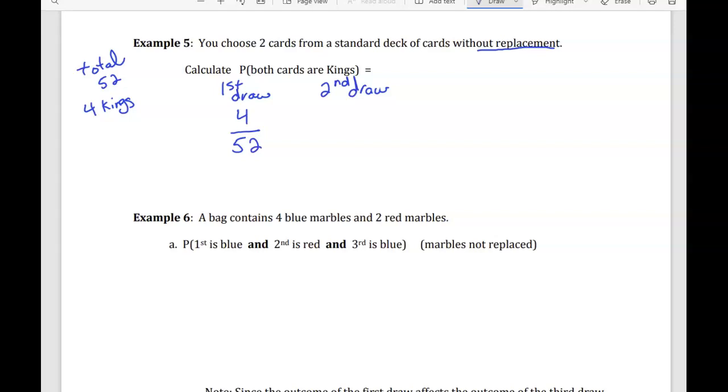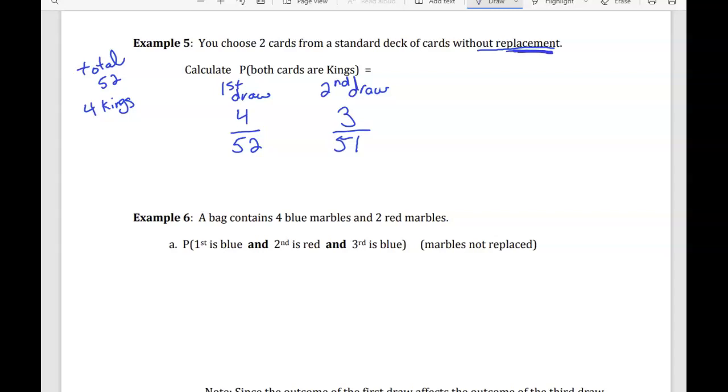We want this to be a king, so in order for us to get both kings, we have to draw a king here. If we draw a king here, that means we now only have 3 kings to draw from. And we've taken one of these cards out, so now we only have 51 total cards to select from because we are not putting it back in.